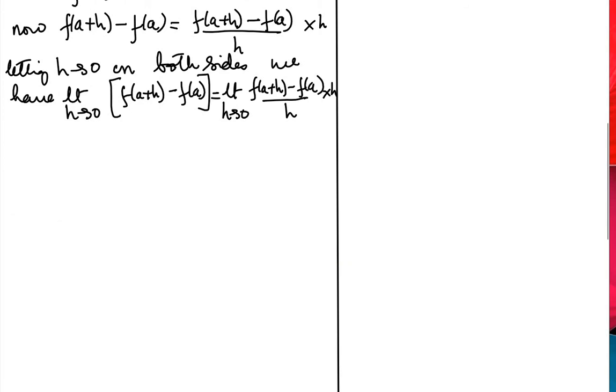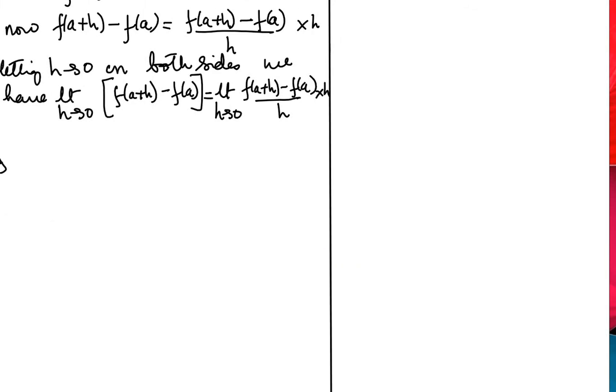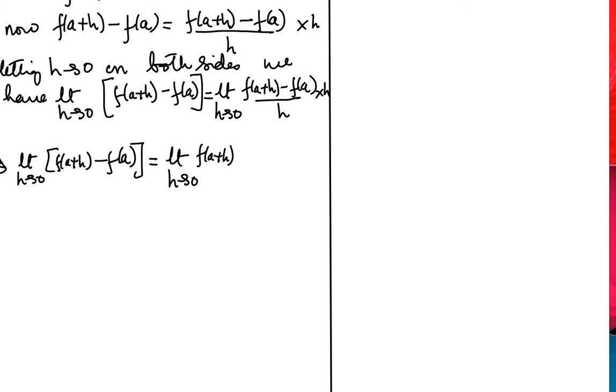And this implies that the limit as h tends to 0 of f(a+h) minus f(a) is equal to the limit as h tends to 0 of f(a+h) minus f(a) by h, into the limit as h tends to 0 of h.